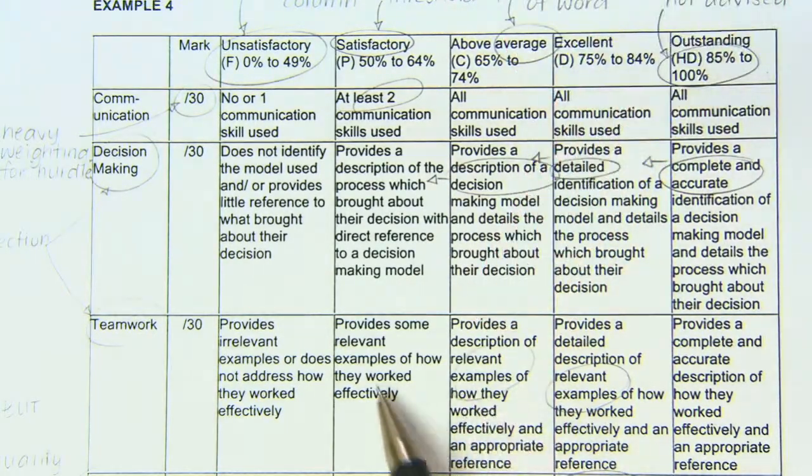So examples are good, but you don't need examples in the top one. Well, that's interesting. That brings up another point about the descriptors, I suppose. And then I can finish what I was going to say.